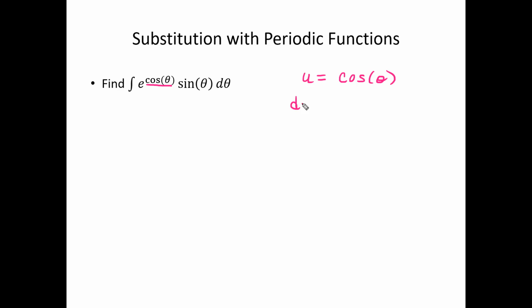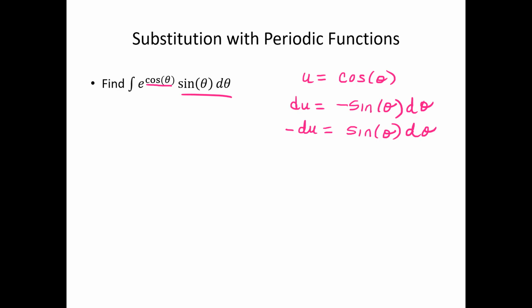Well, what's the derivative of cosine? The derivative, negative sine d theta. The problem is that's a positive sine. Not a problem. Can't you divide both sides by -1?